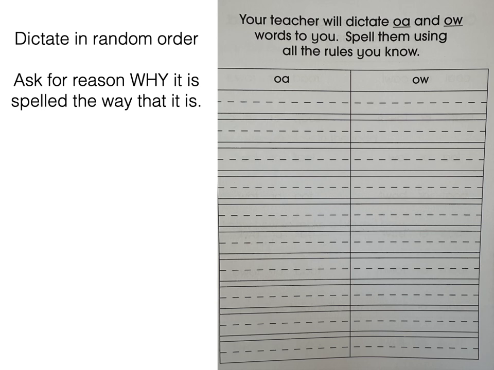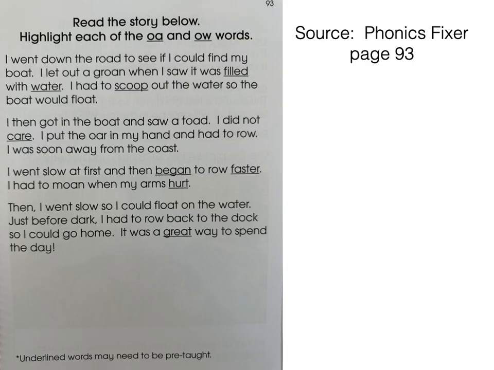Where do you hear the O? It's at the end, correct. So are you going to use OA or OW? They tell you OW. Okay, how would you spell it? They say S-L-O-W. Write it in that right column. And then you may even ask them, how come you didn't choose OA?